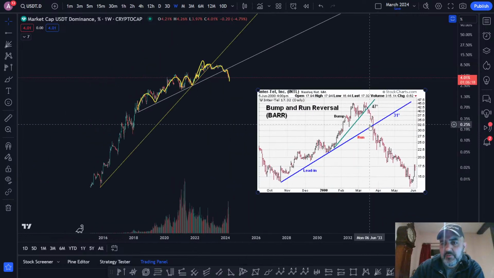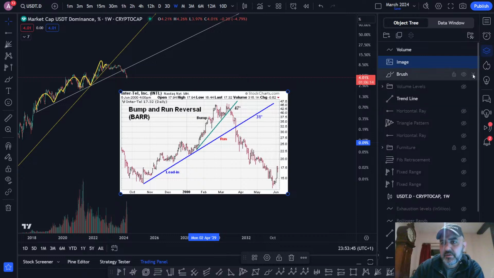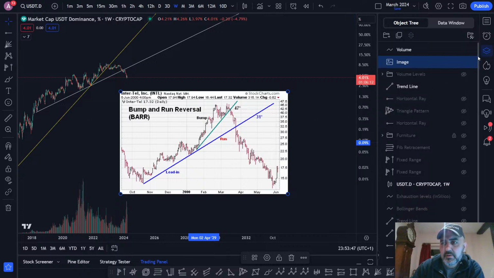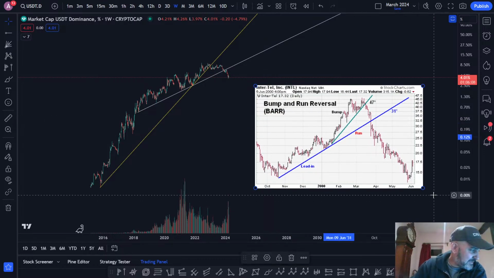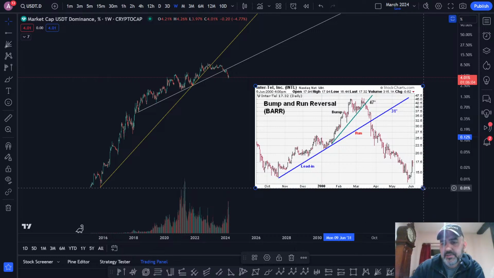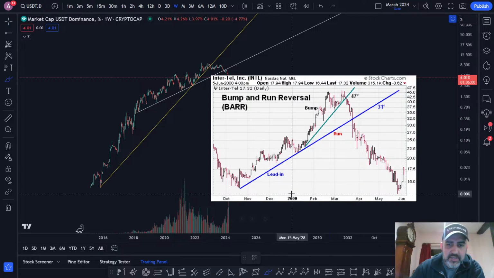So let me just get rid of these yellow lines that I have here. Okay. I just got this chart randomly, just searching on Google. And so you see, according to this, you have the lead in.